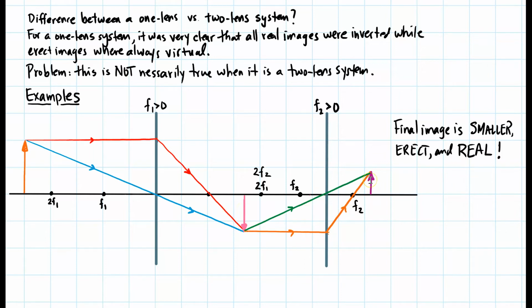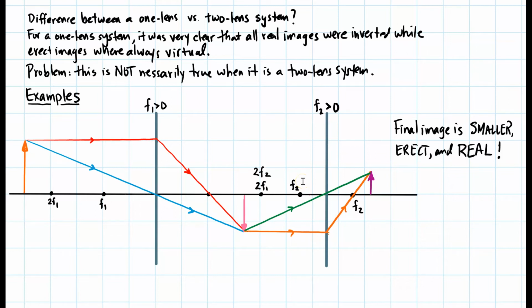And all of a sudden you see here that I have an erect image. But for a 1 lens system, we always knew that an erect image was virtual. That's not true for a 2 lens system. The fact that this image here is on the right side of lens 2 means that it's real. In this case, it's small and erect too, but I have a real image.